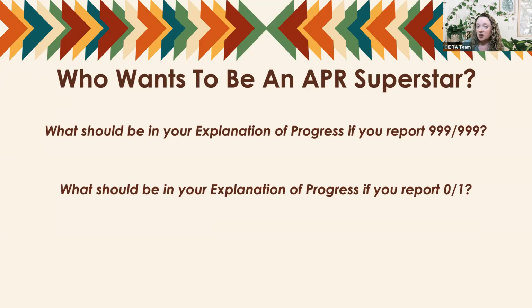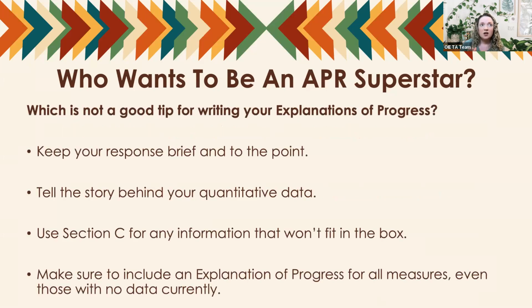What should be in your explanation of progress if you report 0 over 1? And then our multiple choice question, which of these is not a good tip for writing your explanation of progress? So remember, we're looking for the non-tip, the tip you should not take. I'll let you pop those in.